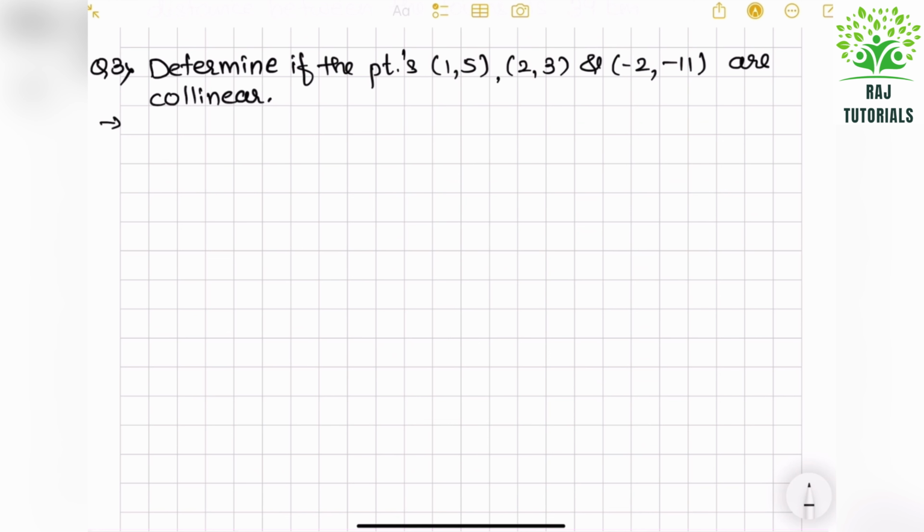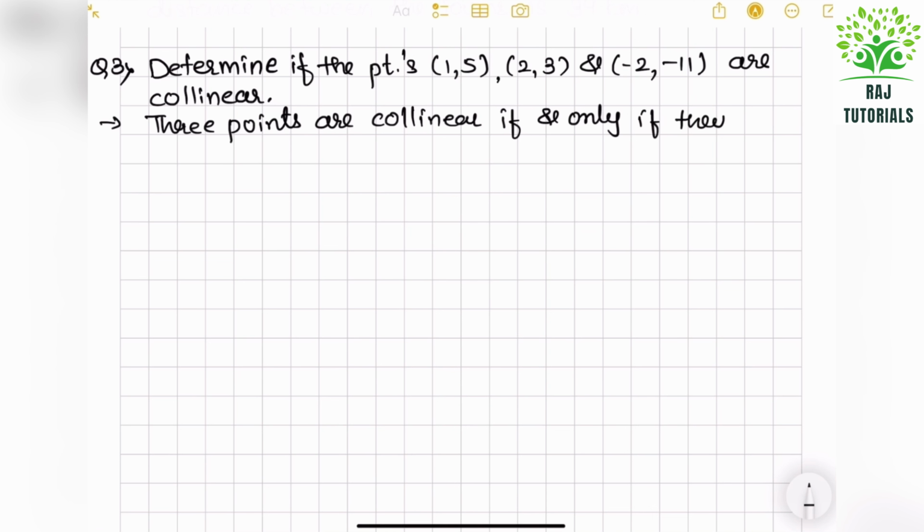Now third question says determine if the points 1, 5, 2, 3 and minus 2, minus 11 are collinear. So 3 points are collinear if and only if they are on the same number line.